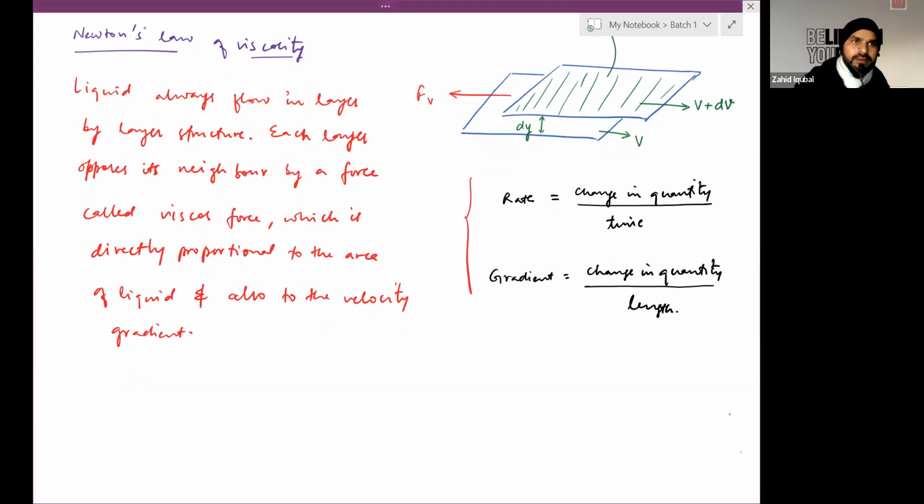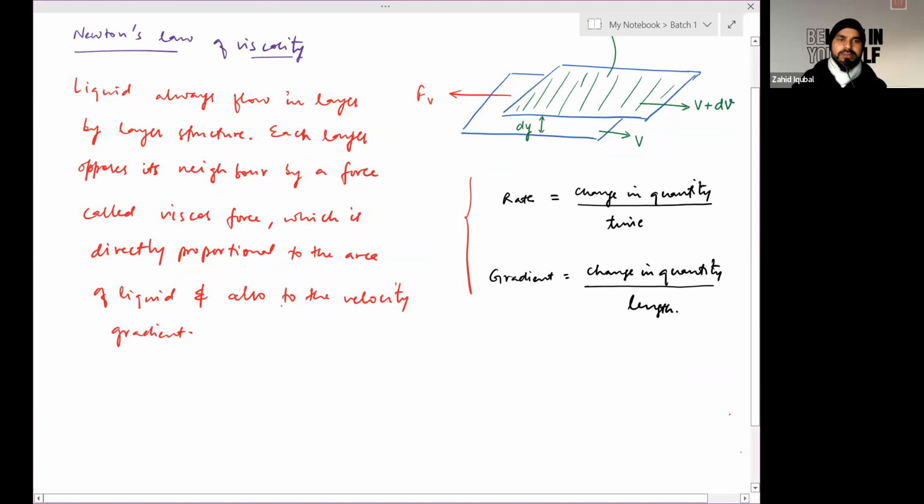Now, according to this relation, viscous force is directly proportional to the area of the liquid and also to the velocity gradient. So we can write F viscous is proportional to area, and F viscous is also proportional to velocity gradient. It means change in velocity divided by change in length.